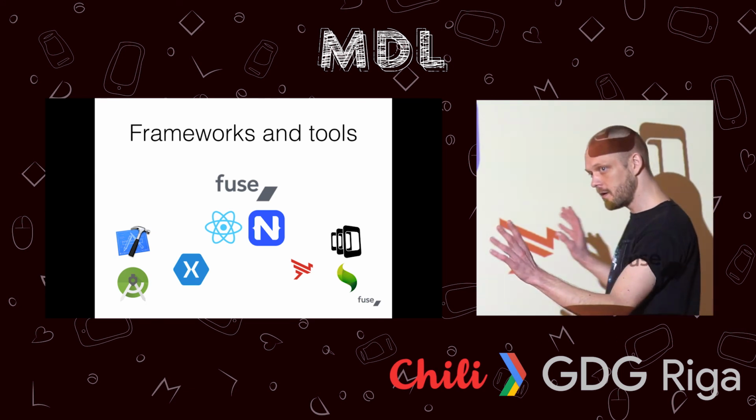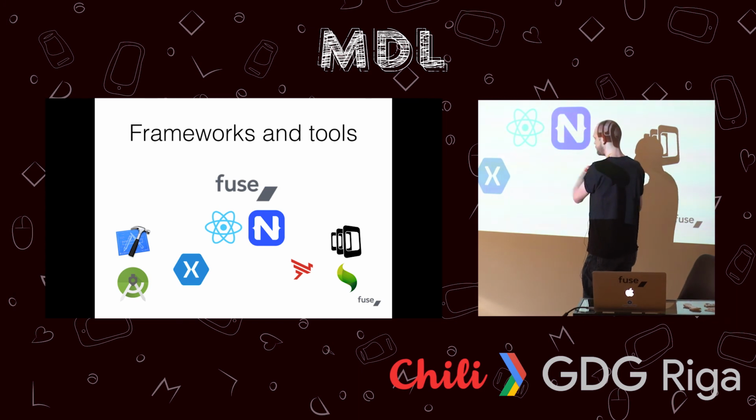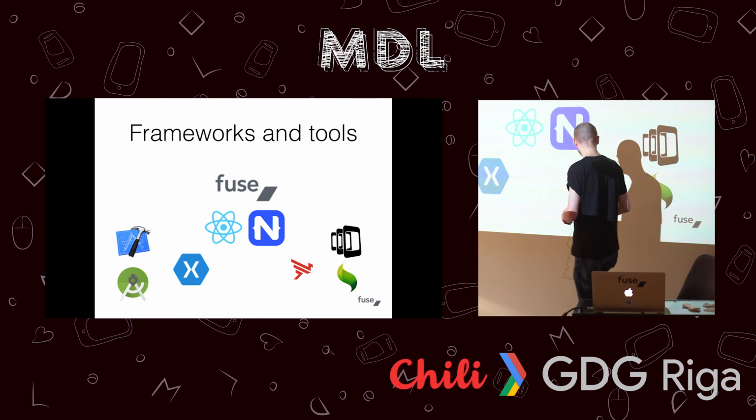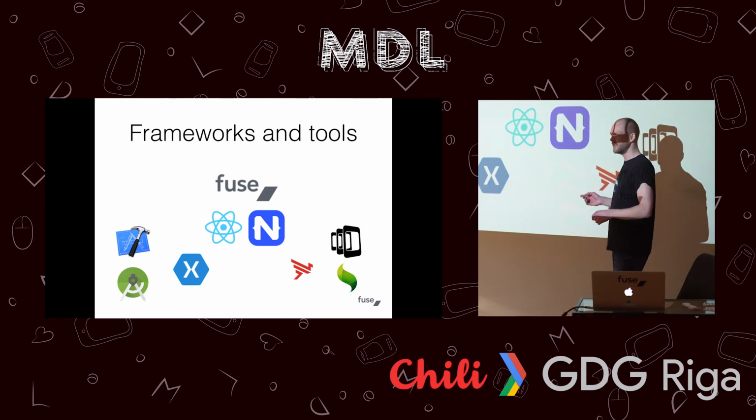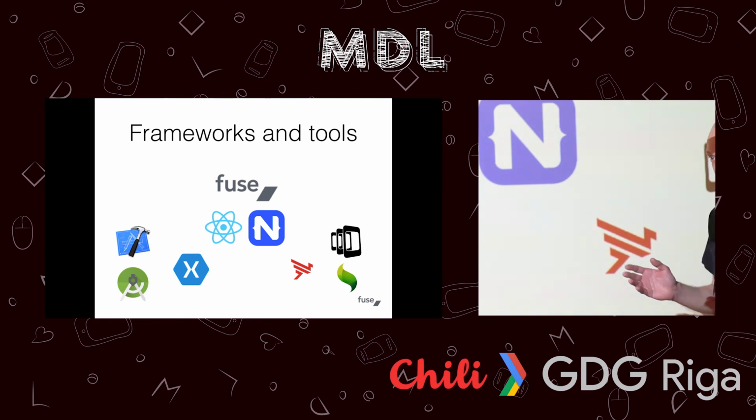Then there are a few guys who are trying to bridge the gap towards one or the other end, and then we have Xamarin, and then we also have Appcelerator Titanium, which is quite a long-term player but hasn't picked up for some reason.